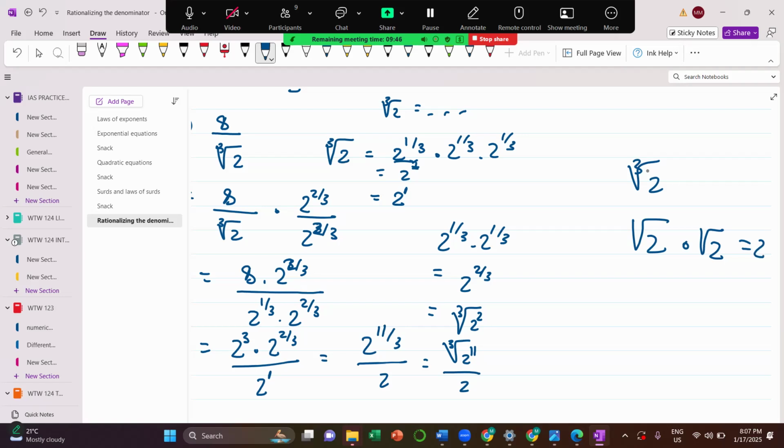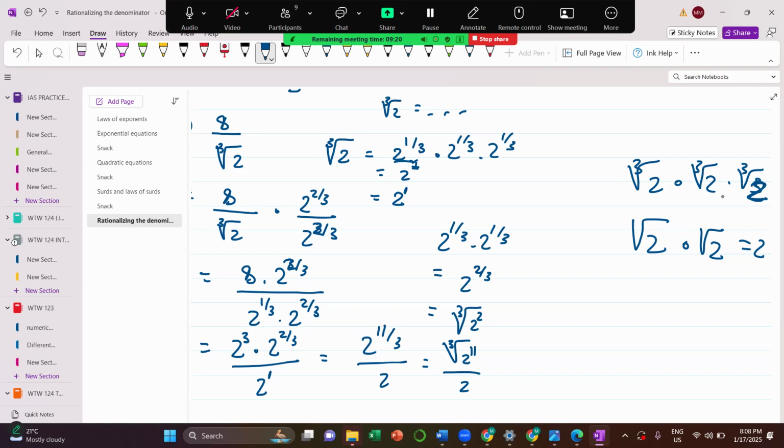But for me to get a 2 out of a cube root of 2, I have to multiply this thing by how many times? 3 times. You guys see that?